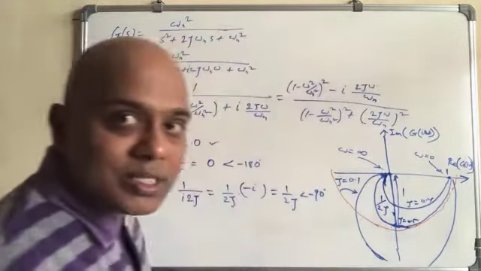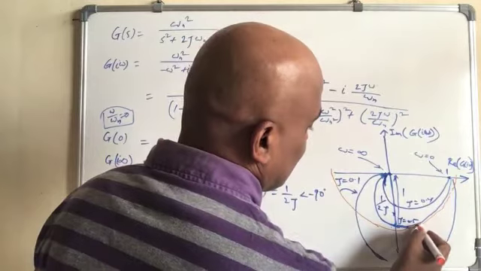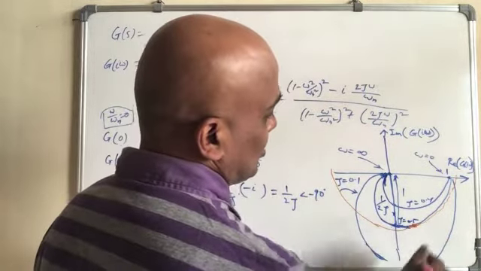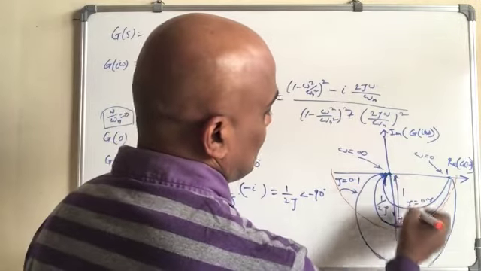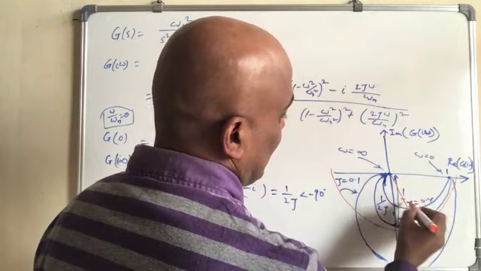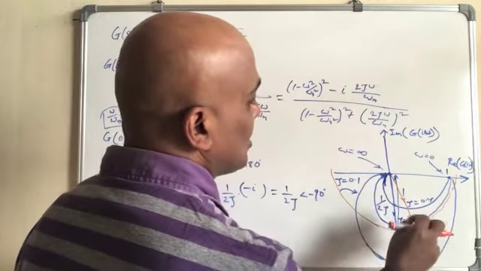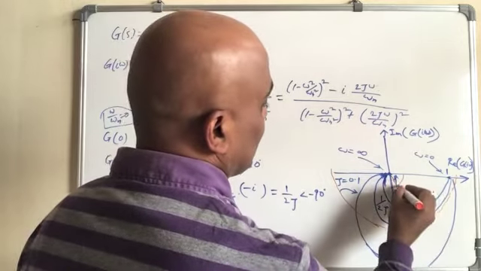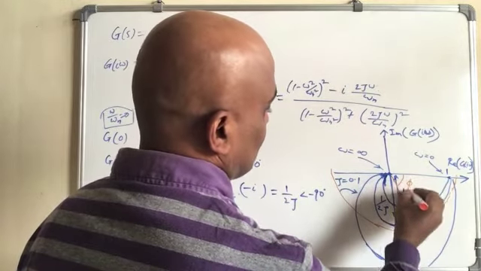Let us say your circle looks like this one. What you see is that at this point it is making a tangent. That really means it tells you the maximum amplitude or magnitude you are getting at this point, and that will give you the resonant value, the maximum value that's possible, and this angle will give you the phase.